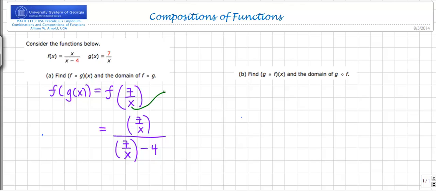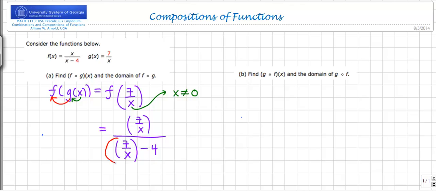First of all, the very first place your value x has to be substituted into is the function g. Since g has a denominator of x, we see that x can't be 0. Secondly, 7 over x has to be substituted into f.